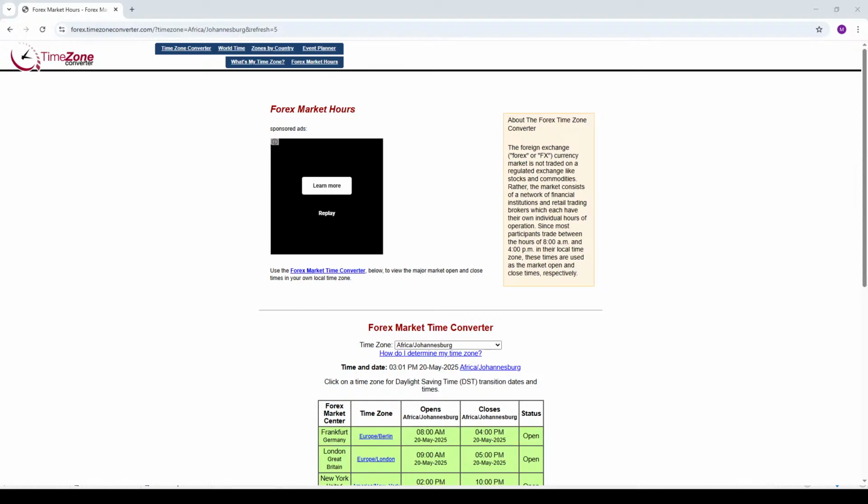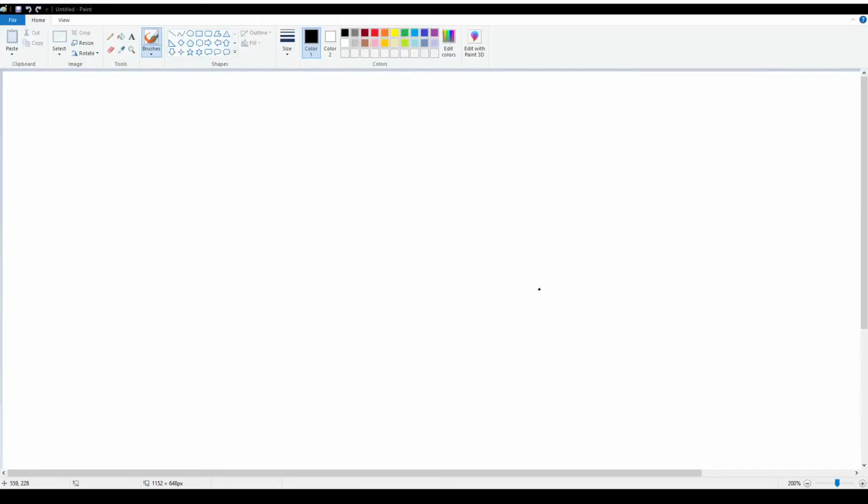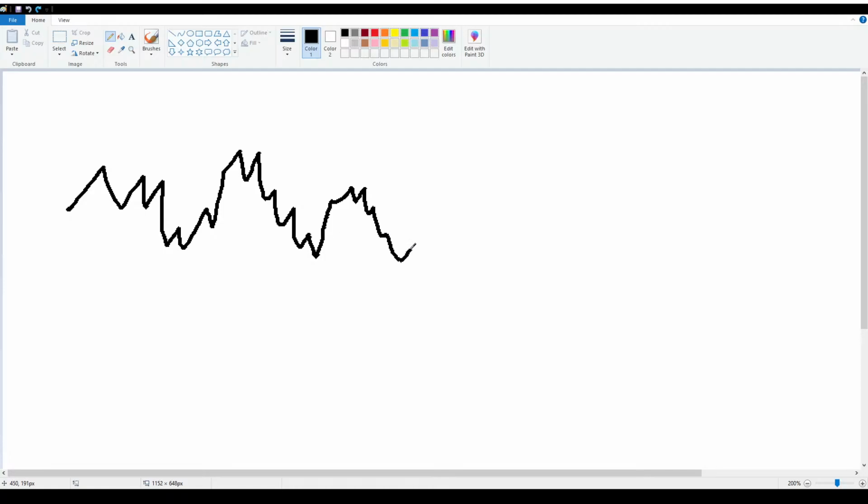So, before we jump into the analysis part of things, let's just try to understand for those people that don't really know: in trading, your job is to make a prediction for the market. The price moves up and down all day, every day for a currency pair or index or commodity.